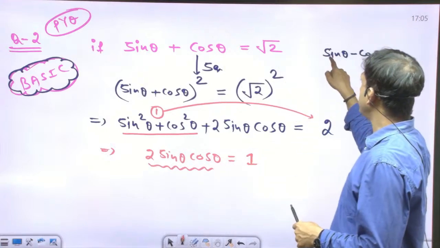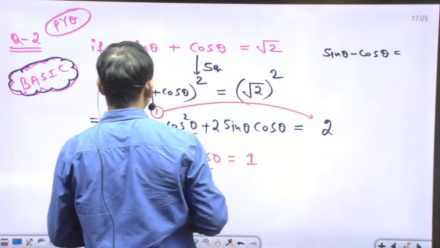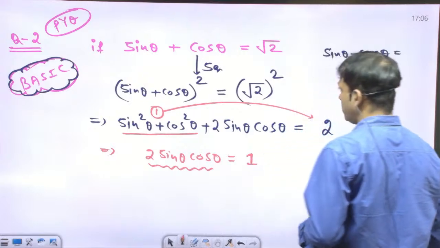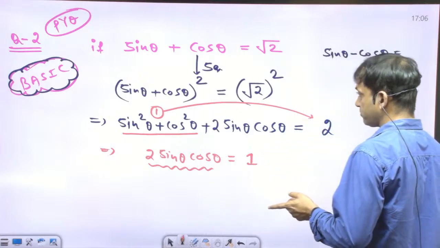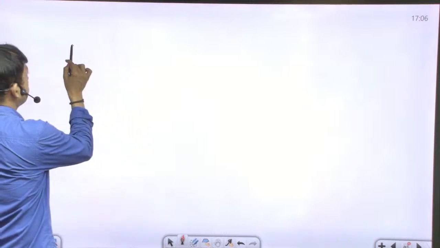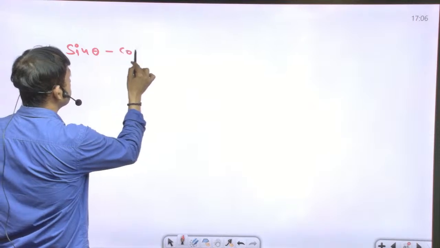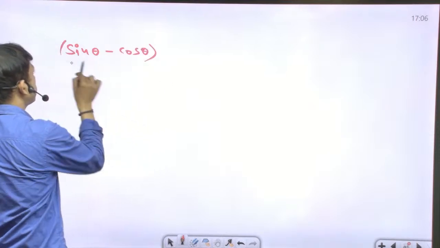But we have to find sin theta minus cos theta. In the next page, we want to find sin theta minus cos theta, so write sin theta minus cos theta whole square.